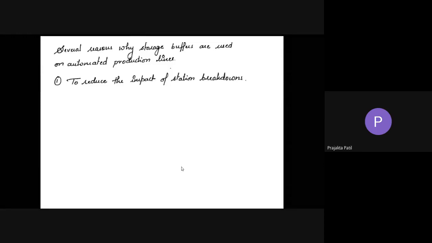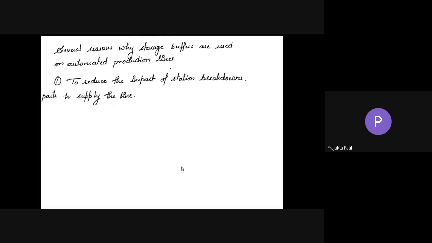As I just explained, if you have split the production line into stages, into groups of workstations, even if one stage breaks down for any reason, the other stage will continue its work such that its work parts get stored in the buffer. So this is one of the major reasons why a storage buffer is important.